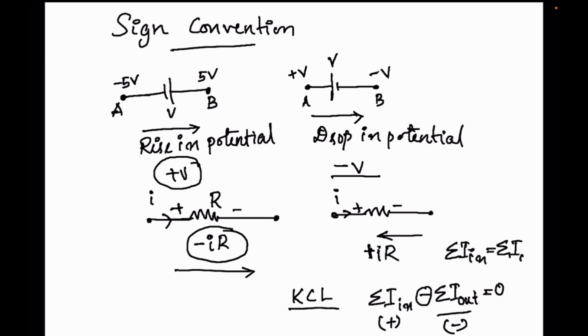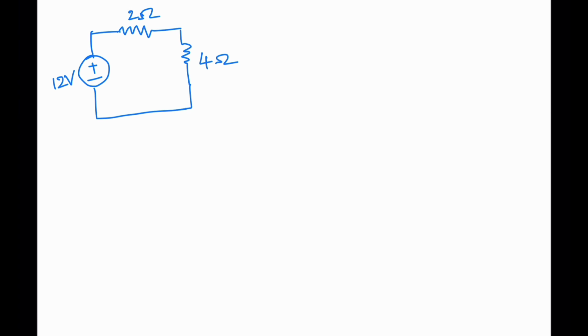Current entering is equal to current leaving. Now let's see how we can apply Kirchhoff's voltage law in a simple circuit as shown in the figure. Here we have a voltage source of 12 volt, a 2 ohm resistor and a 4 ohm resistor. First we have to draw the current direction. This is my assumed current direction as well as the way in which I travel.